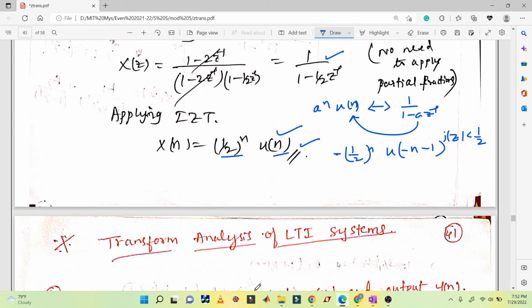From transform analysis of LTI system, from page number 41 to 57 you will get at least 10 marks. So don't miss this, everyone attend. It is easier only when you understand inverse Z transform. Transform analysis of LTI system is very easy. You must learn this.